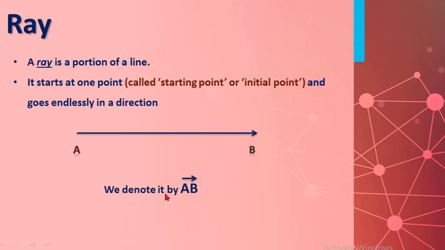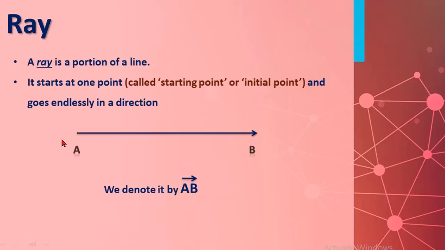So we denote it by AB, and as we have previously discussed, in the line segment there will be a small line segment symbol, in line there will be a line symbol. Like that, in ray, for naming AB we have to denote it with a small ray symbol. Whenever we are writing a ray, we have to note that the initial or starting point will always be first, then the point in which direction the ray continues will be second.